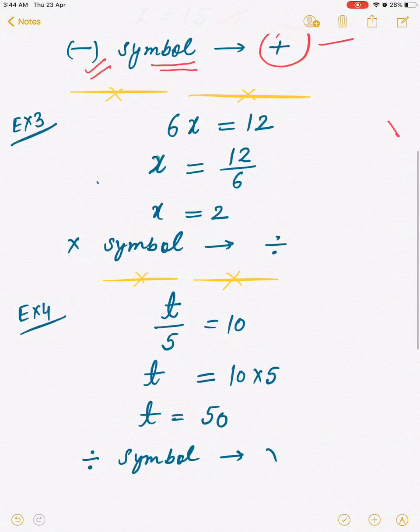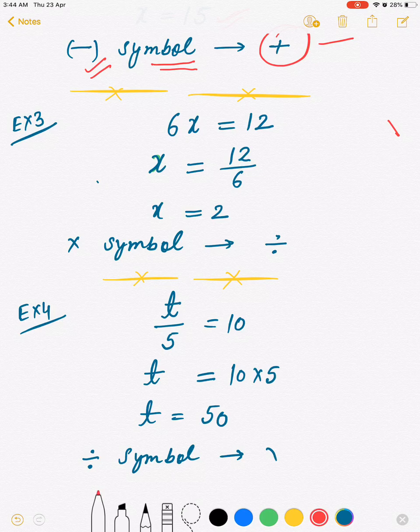Now let us have one more example, of another sort. If the question is like this, again we have to find this x. You see the symbol between 6 and x is multiplication.